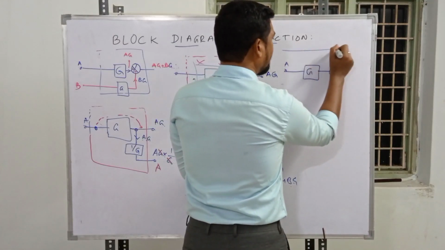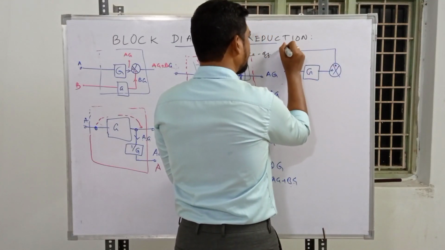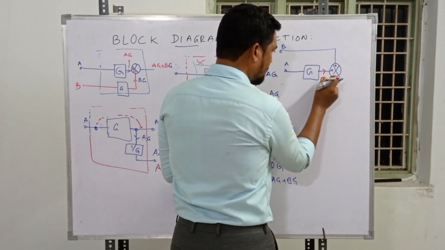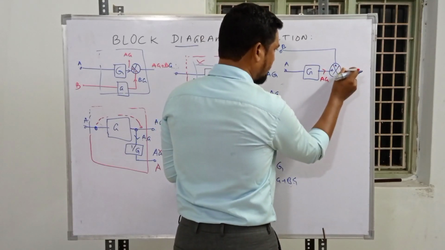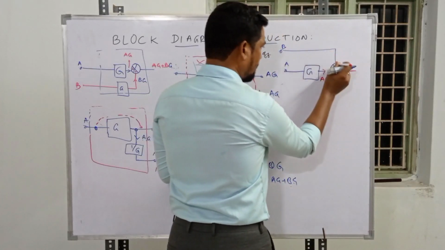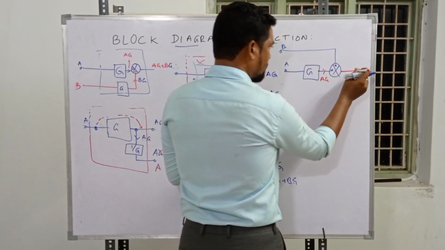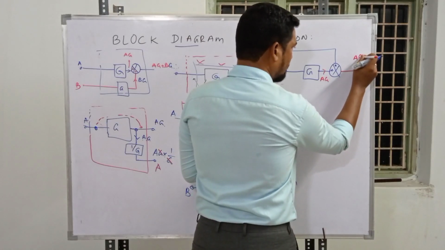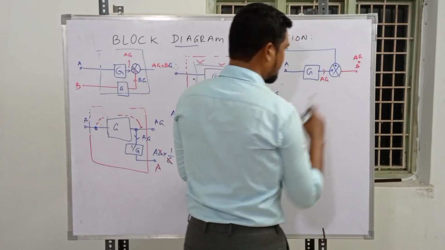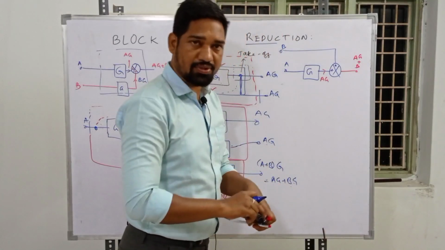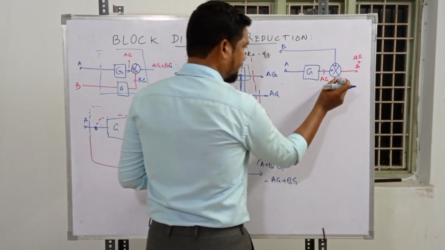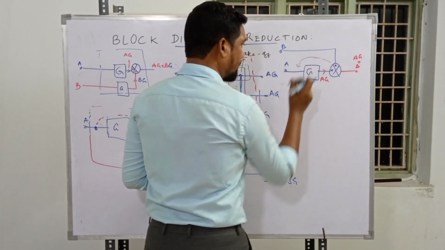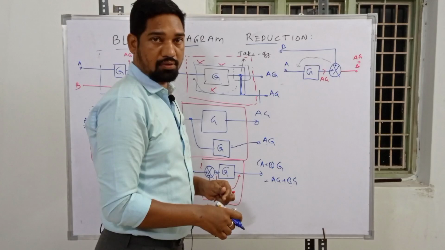And what if we have a B over here? What signal will be the output from here? It's AG, and B comes over here from this side, so the output here is AG plus B. Once again, we may be in need of shifting this summing point to this side, to reduce the blocks.